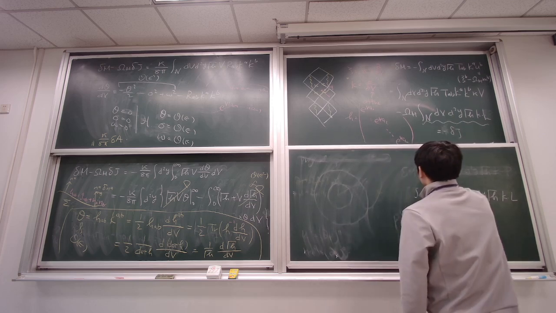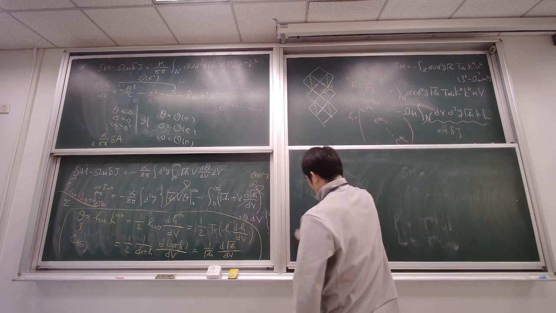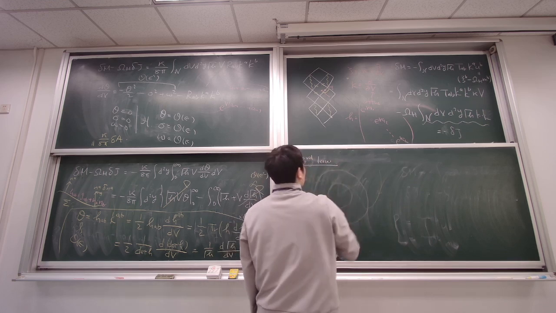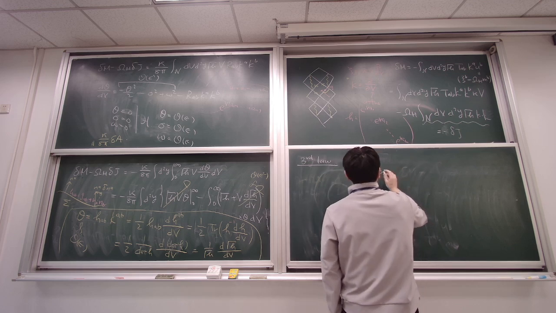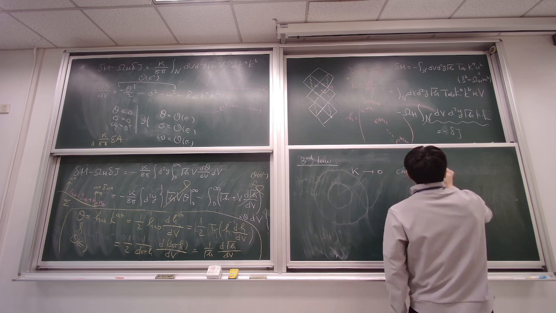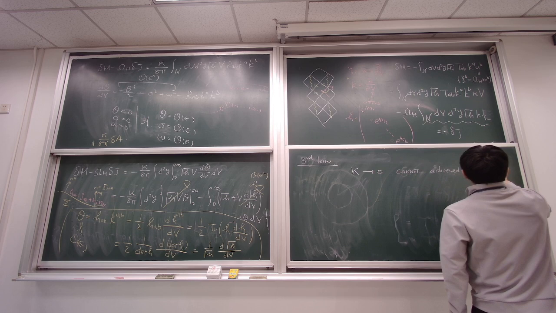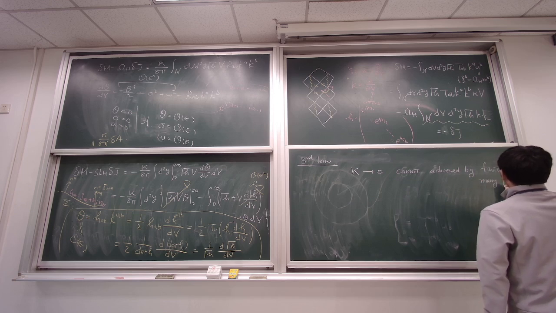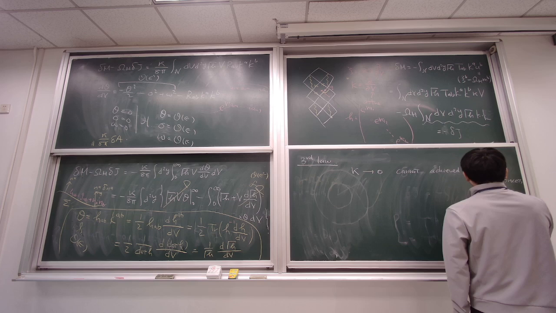So what is the third law? The third law is that kappa cannot achieve zero in a finite number of processes, or finite time, finite proper time.